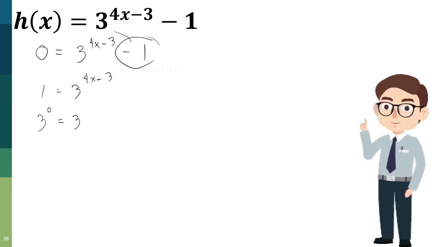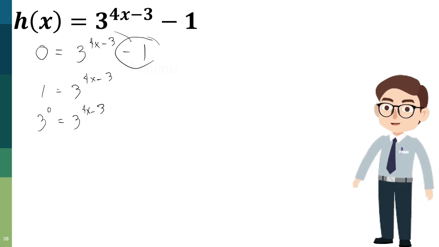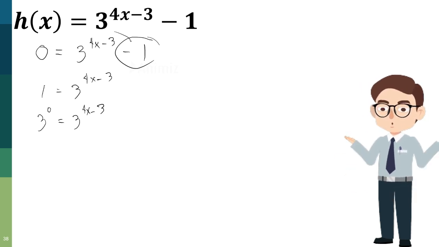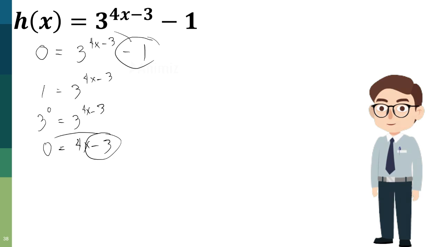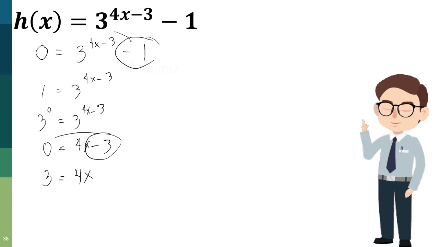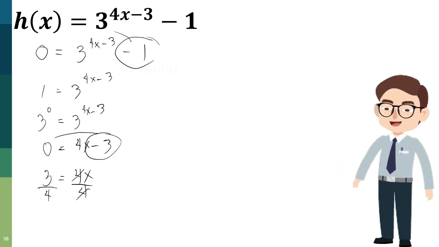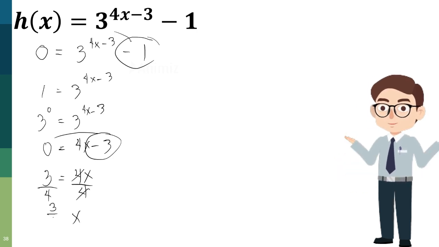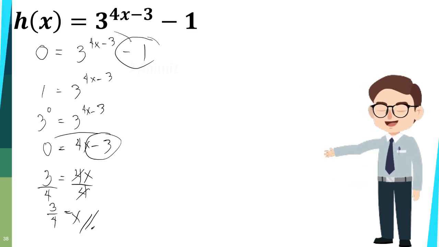Since the bases are equal, we focus on the exponents, that is 0 is equal to 4x minus 3. We transfer negative 3 to the other side, that is positive 3 is equal to 4x. We divide both sides by 4 to get the value of x. Our x is equal to 3/4.